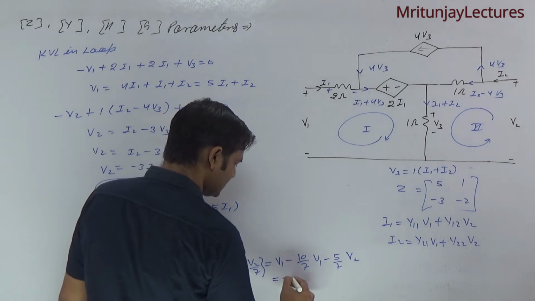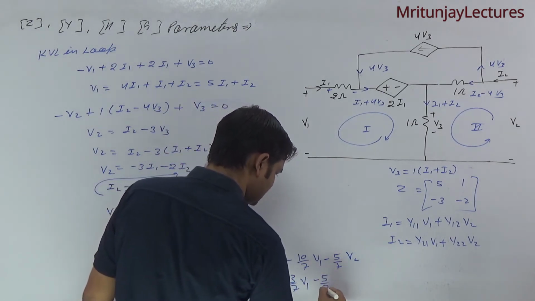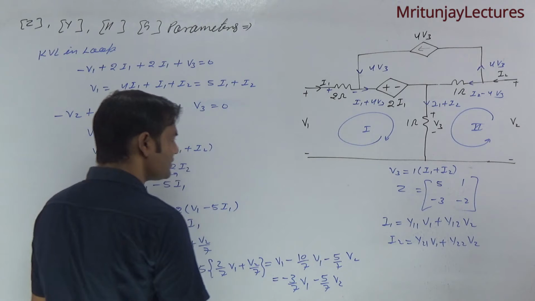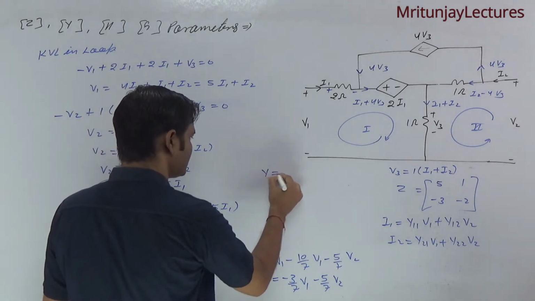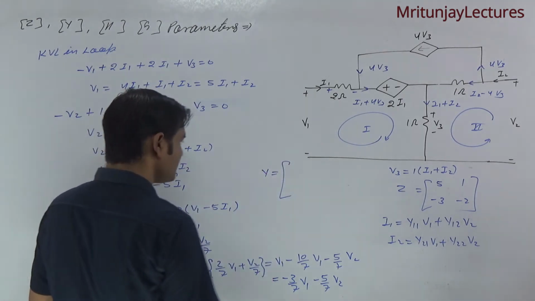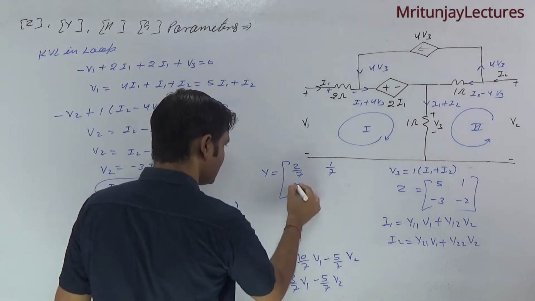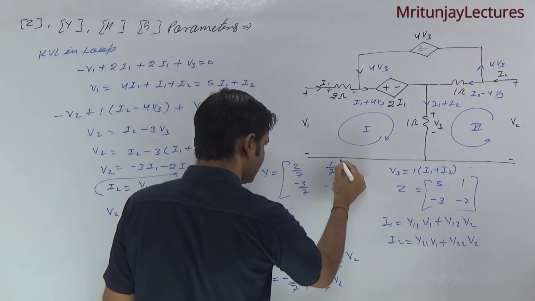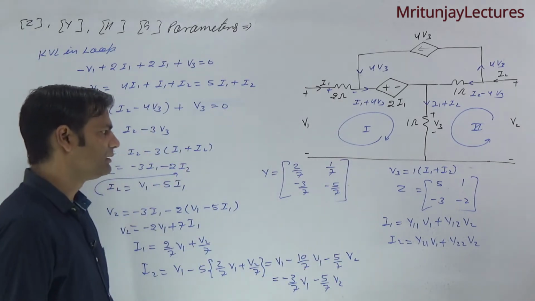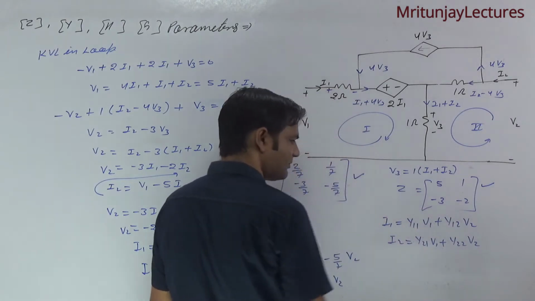Here we got minus 3 by 7 V1 minus 5 by 7 V2. So the Y parameter is 2 by 7, 1 by 7, minus 3 by 7 and minus 5 by 7. Clear? That is Y. Z parameter is completed, Y parameter is completed.